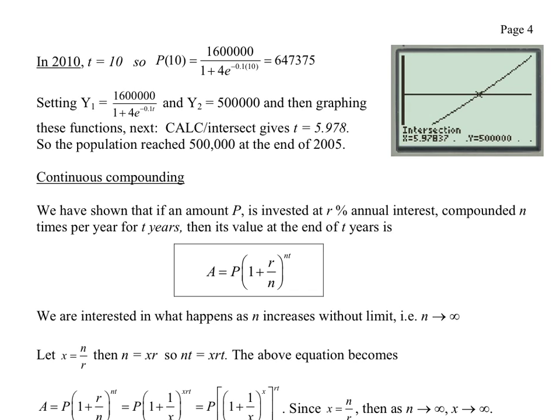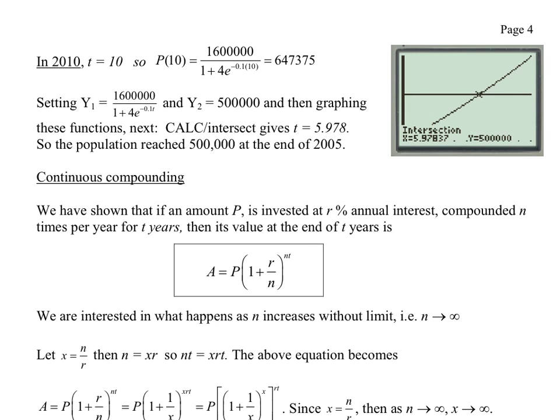Graph it. You might have to change the window, so the y max will have to be a very big number. It will have to be at least 500,000. You have to imagine how long it's going to take, so maybe you could go across to 50 years, if you think it's going to take 50 years to become this population.